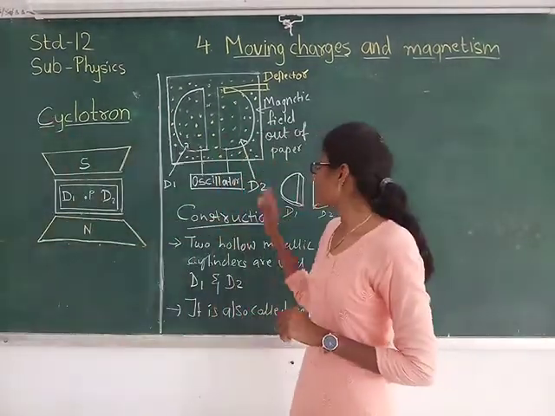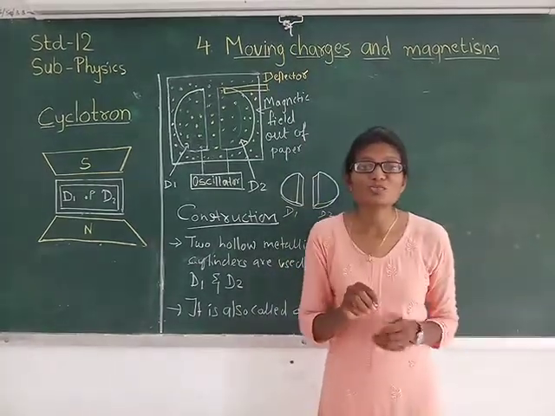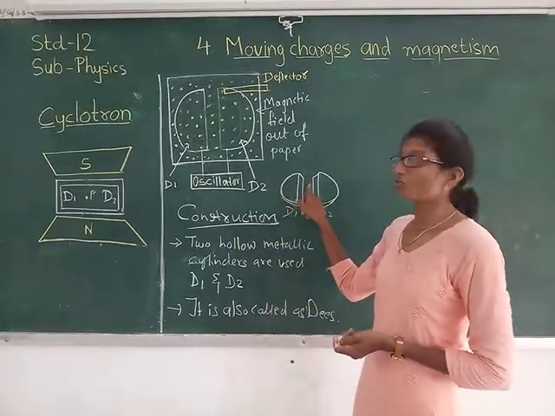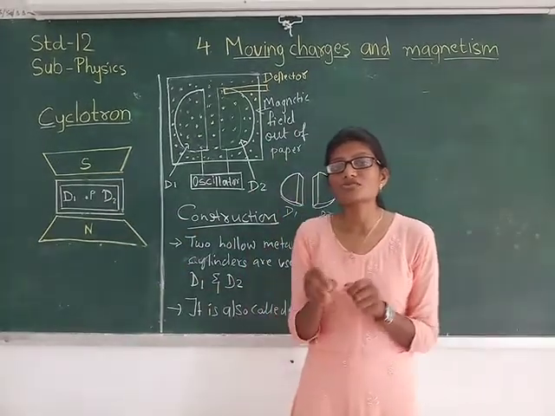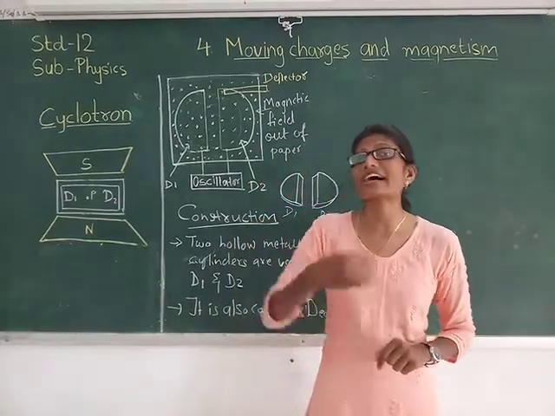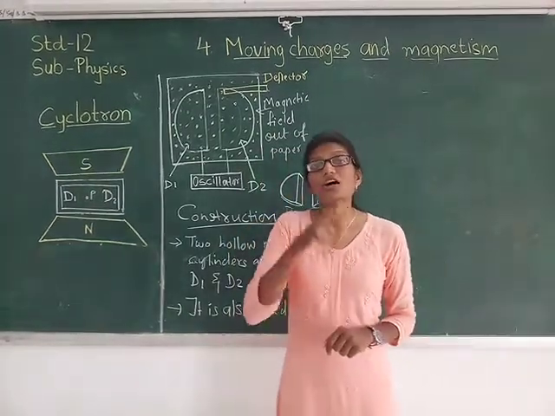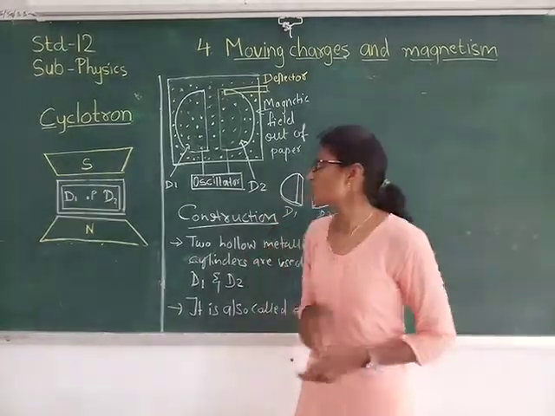Now why are we using these D's? Because here the charged particle will be moving from the source. Where will this charged particle come from? Because we need the charged particle to be accelerated to high energy. That means first I need the source of the charged particle.